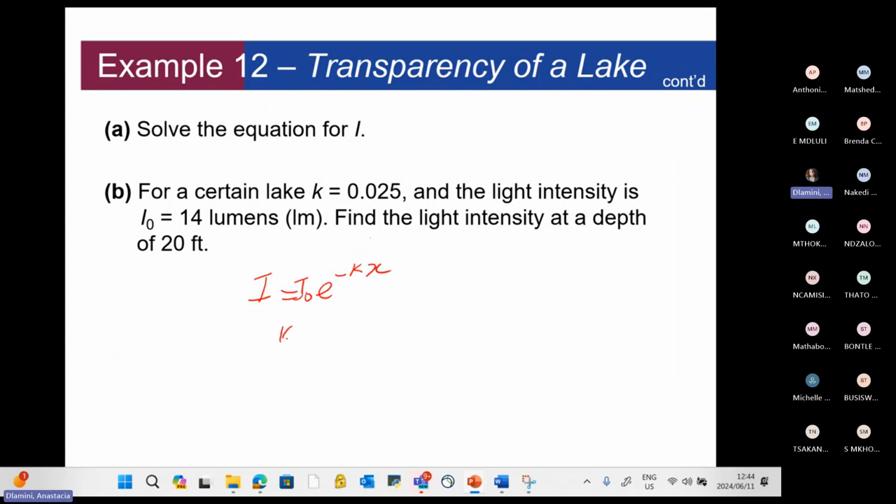Now they're telling us k is equal to 0,025, and I0 is equal to 14, and the depth, which is x, is equal to 20. So they just want you to substitute here, which is 14 e to the power of negative 0,025 times 20. That's what they want you to do for number B. Are we all together?